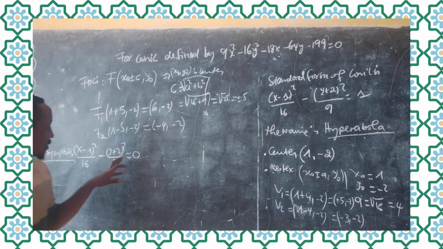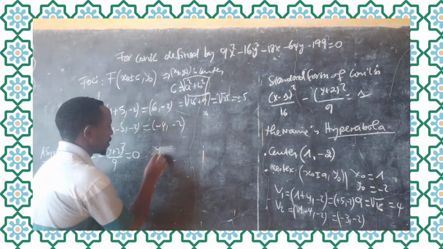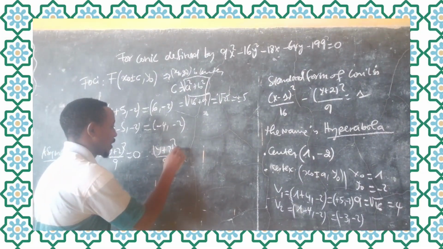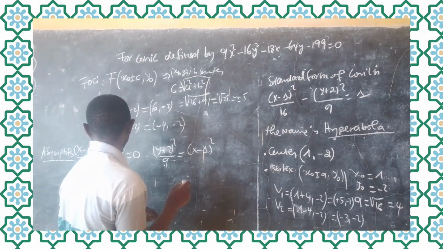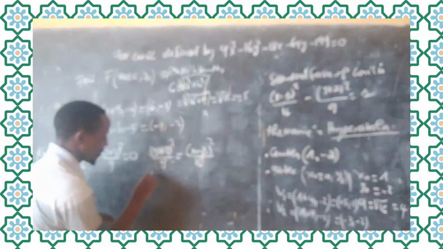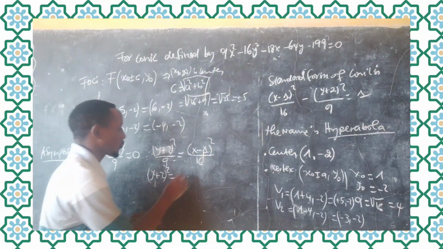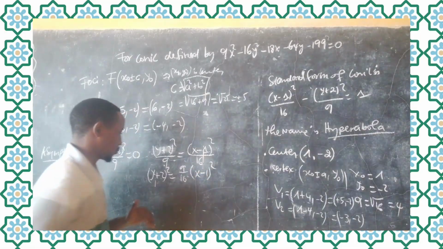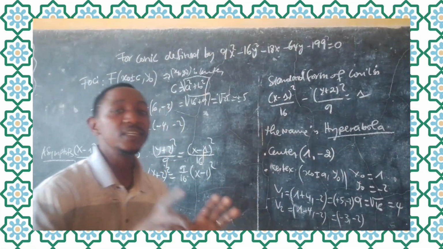So how to find this asymptote? You see that (y plus 2) squared over 9 is equal to (x minus 1) squared over 16. So then (y plus 2) squared is equal to 9 over 16 times (x minus 1) squared.